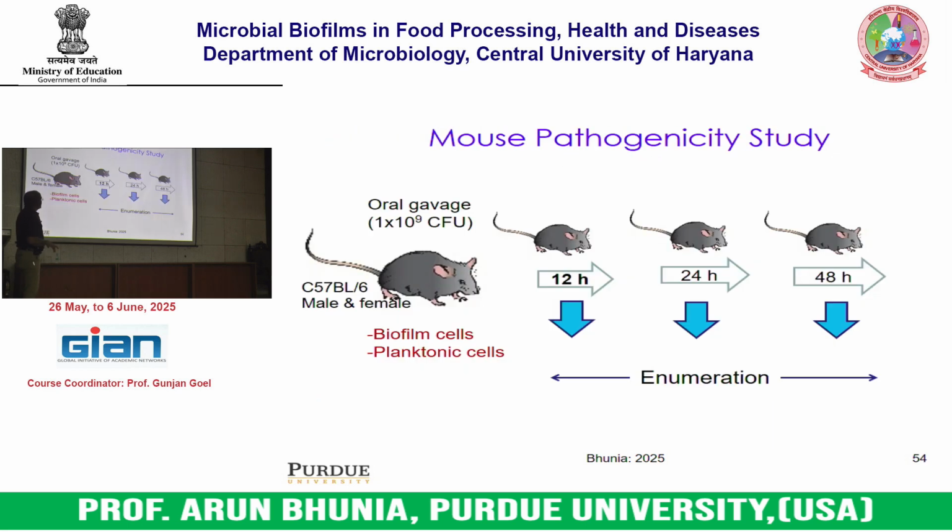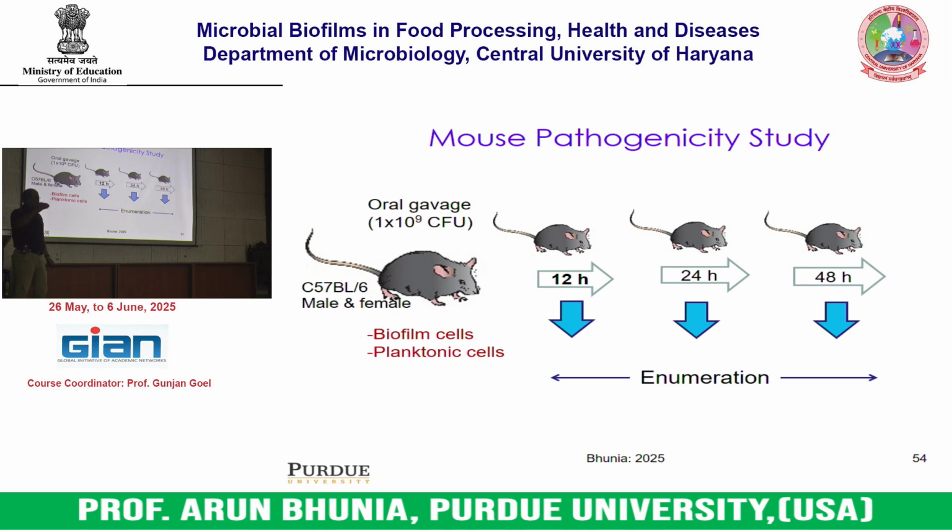What we did, let's design. So we have again the biofilm cells or the sessile cells and planktonic cells. You feed them to the animals orally because you get the oral infection, right? Then every 12 hours, this is 12 hours, 24 hours, 48 hours, we sacrifice the animals and look for this bacteria in liver, in spleen and other tissues to see how much they invaded.